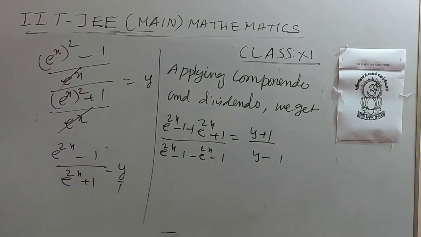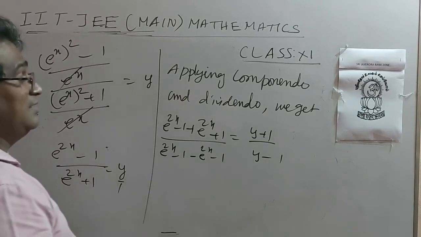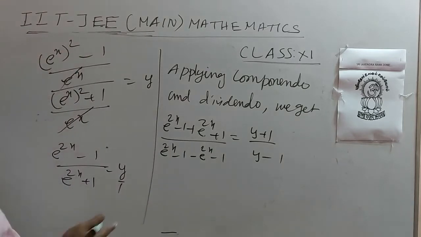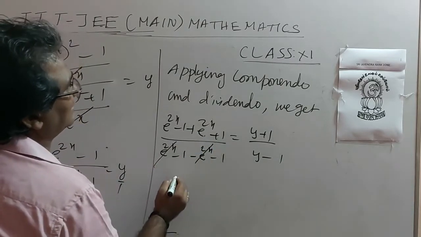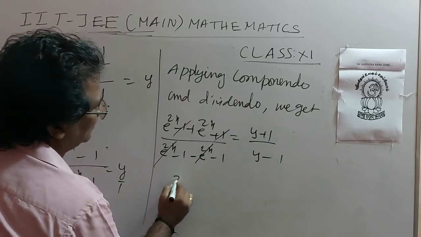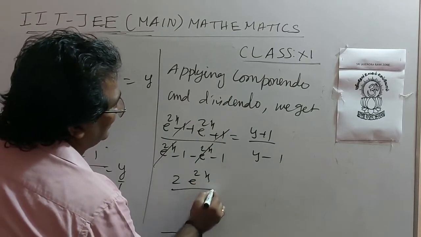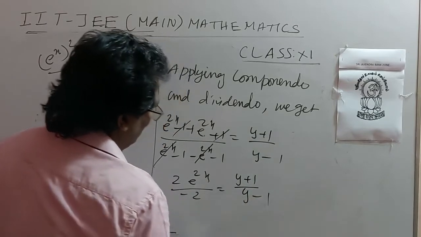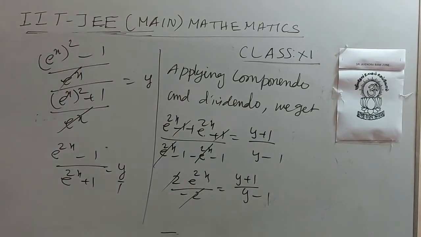Here things will be cancelled: 2 times e power 2x by minus 2 equals y plus 1 by y minus 1.